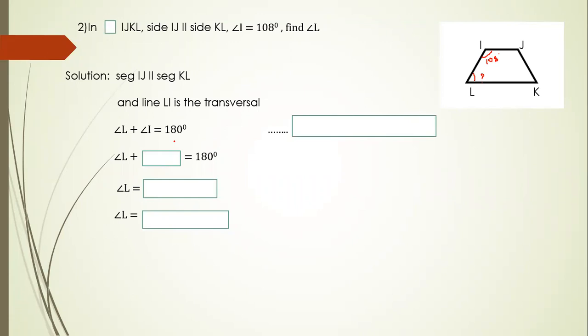This we have done in the parallel lines chapter. And corresponding angles are congruent. Alternate angles are congruent. Okay. So here in this reason, we will write interior angles.